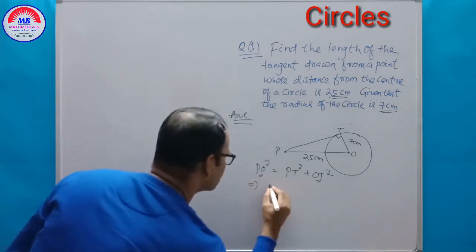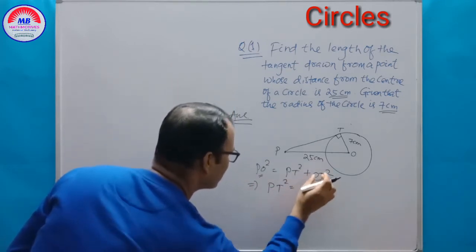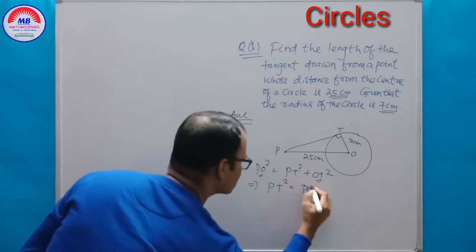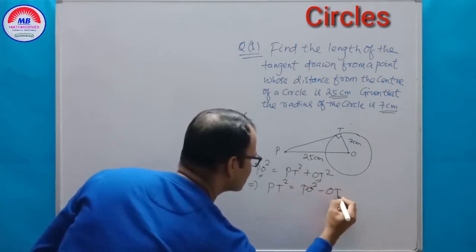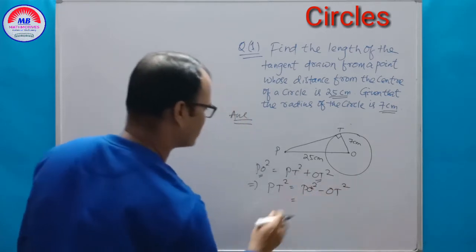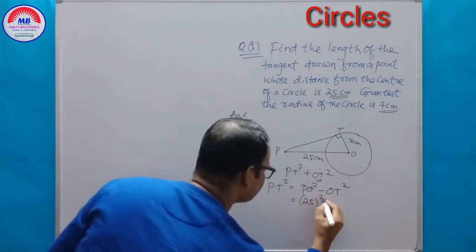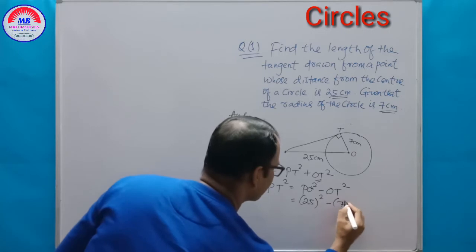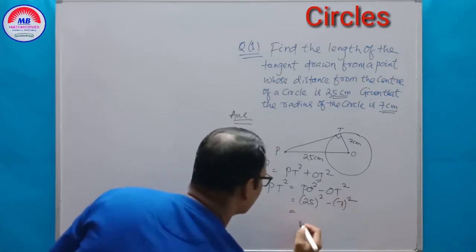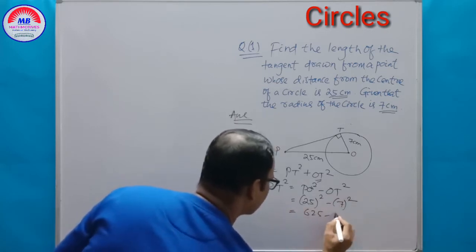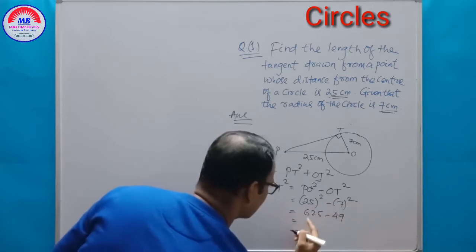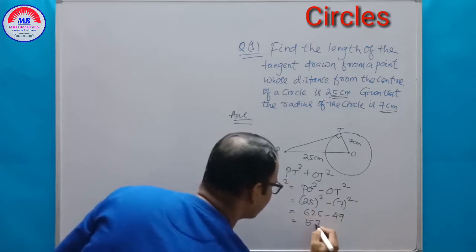So PT square is equal to PO square minus OT square, which is 25 square minus 7 square, equal to 625 minus 49, that is equal to 576.